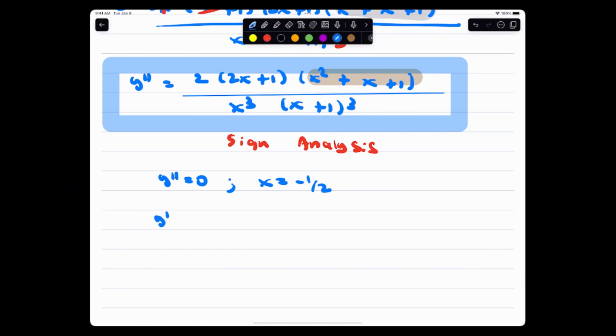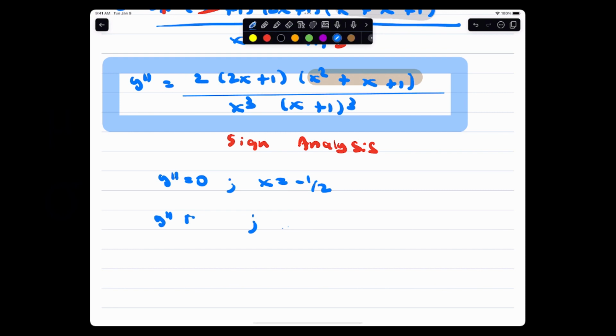Second derivative is undefined or does not exist, right? Depends on how you look at that. Yeah. At x equals 0, let's see, it doesn't even want to write anymore. Okay.